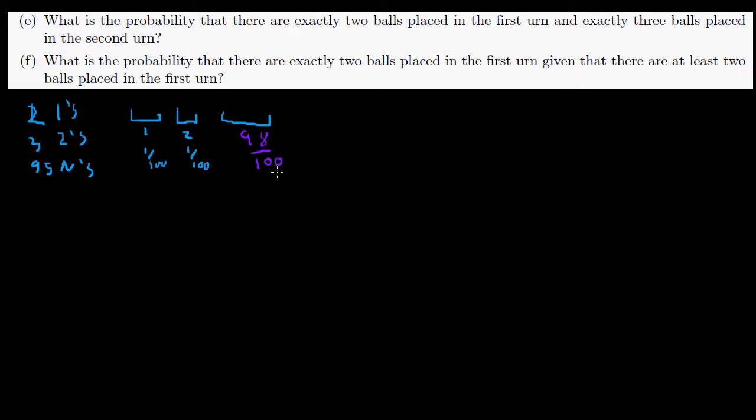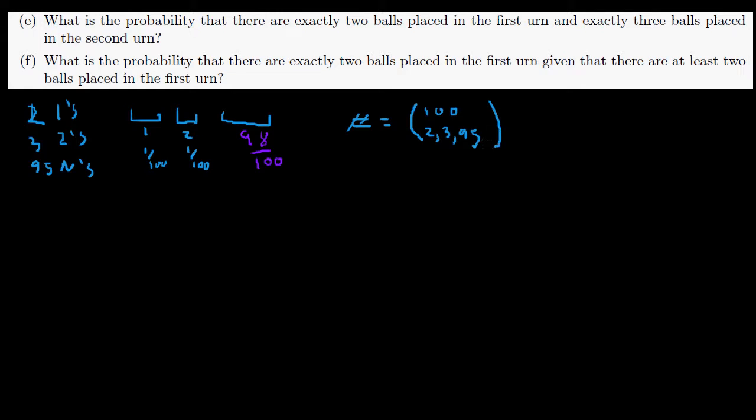So how many sequences are there with 2 ones and 3 twos? Well, the number of sequences is just 100 choose 2, 3, 95.